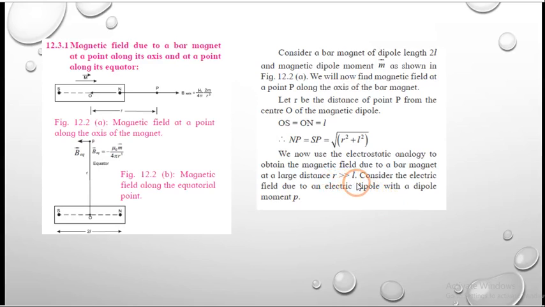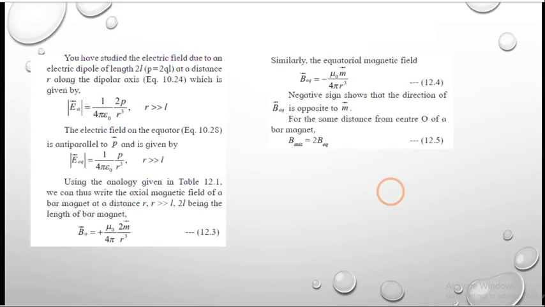It means when we consider the magnetic field due to a bar magnet at a large distance, then R will be much greater than L. Here we are going to consider the electric field due to the electric dipole with its dipole moment. Now we know that an electric dipole having length 2L has electric dipole moment given by Q into 2L.